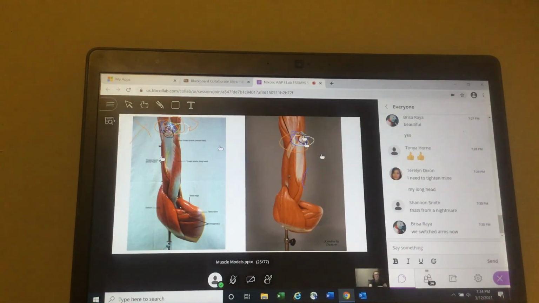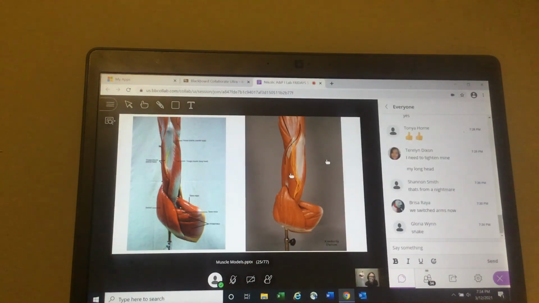Obviously, we don't care about this image because you're not tested on it, but this orientation is a little bit different. So, look at the elbow and orient yourself. First of all, I want you to notice that there is a muscle like this. See that kind of break in the muscle there? This part is going to be... and I have to make sure.